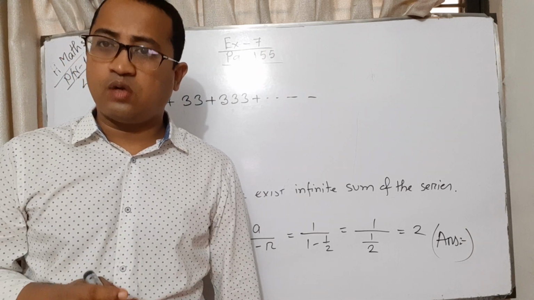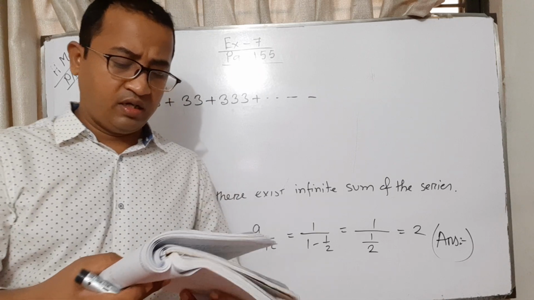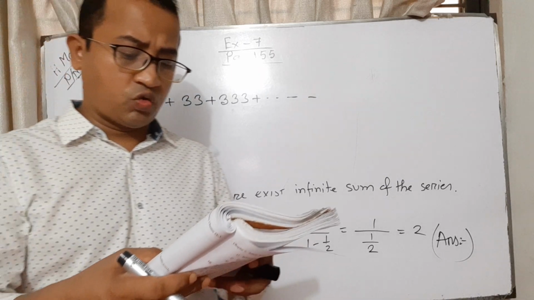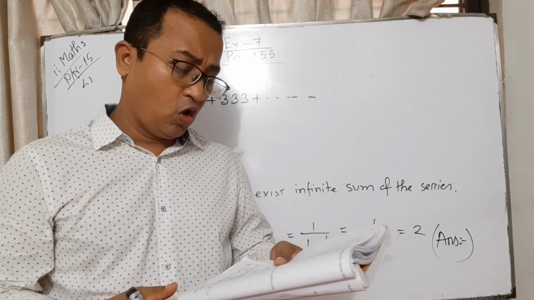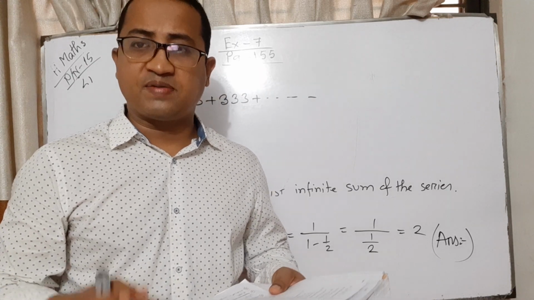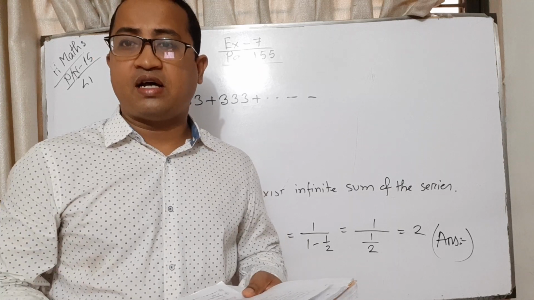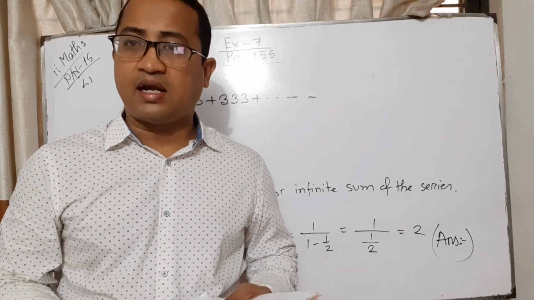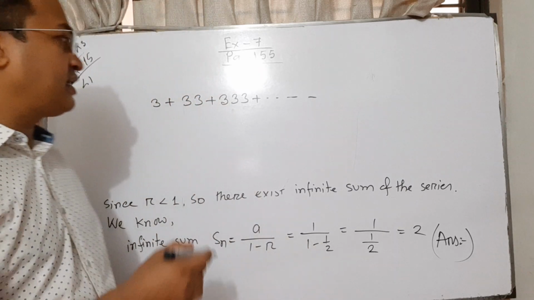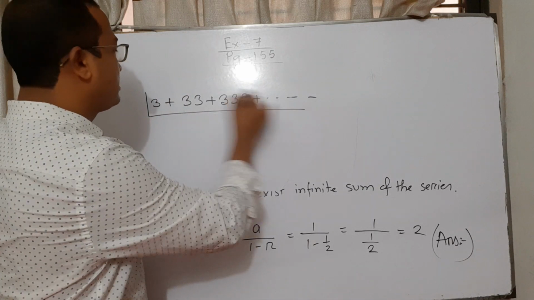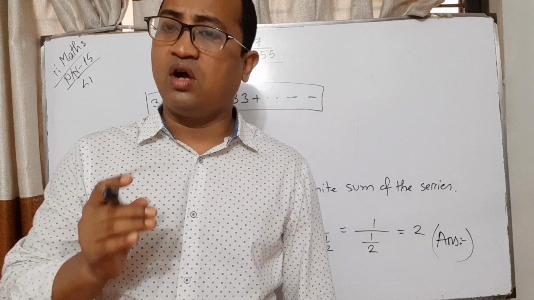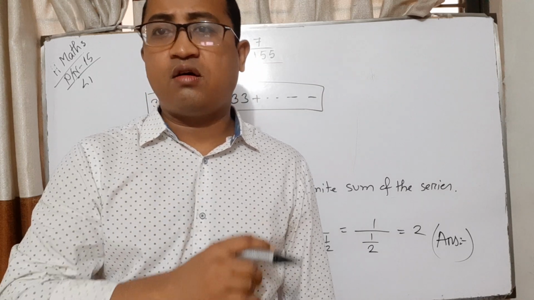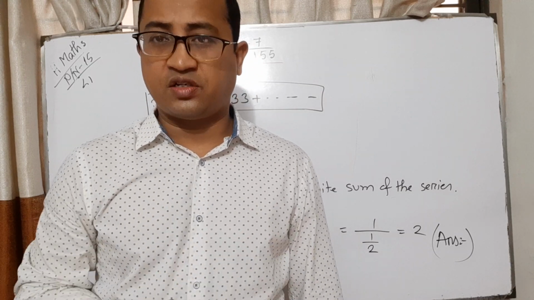Already we have solved this in question number 12. In question number 12, we solved 7 plus 77 plus 777, or 5 plus 55 plus 555, 9 plus 99 plus 999, this type of math. So I think you can do question 3 yourself, like question number 12. Already I have solved it at the very beginning of this lecture.